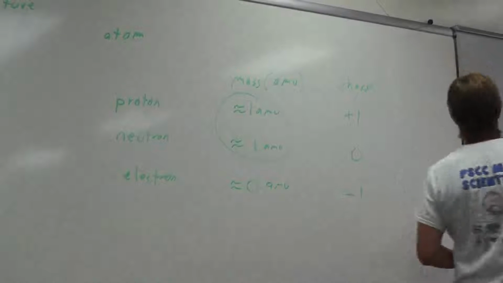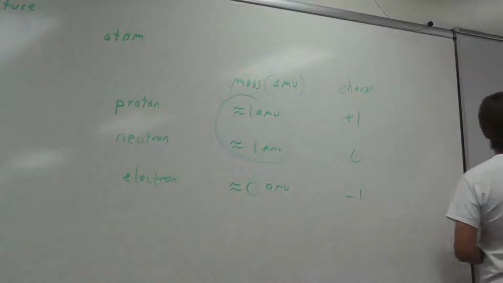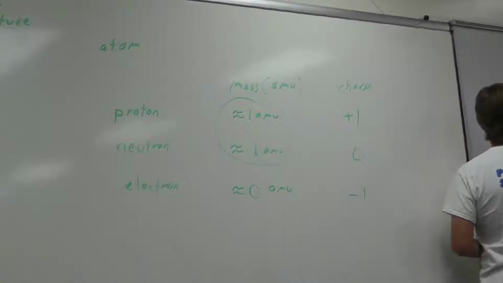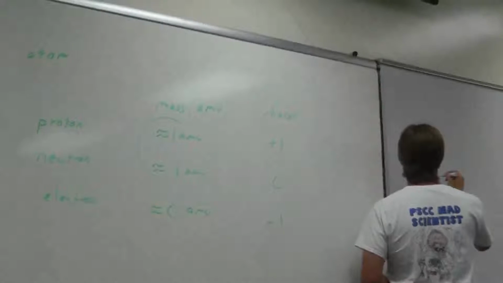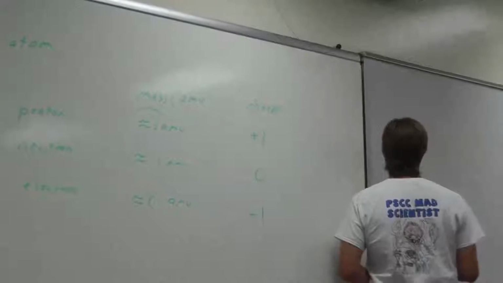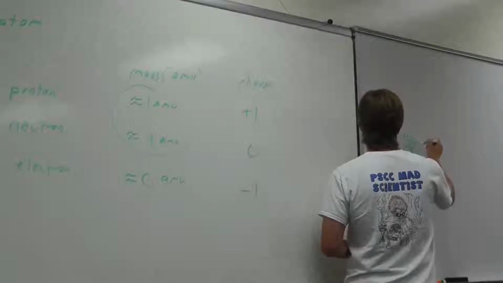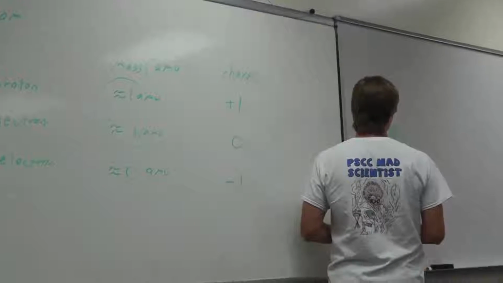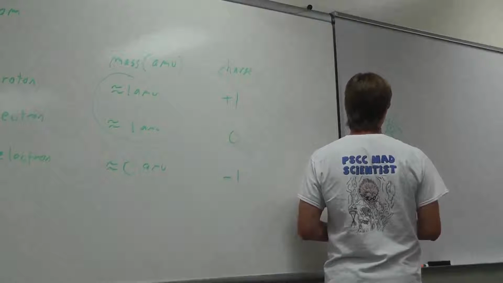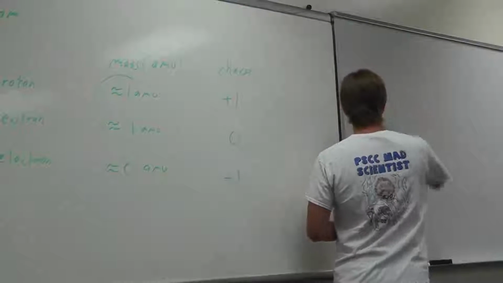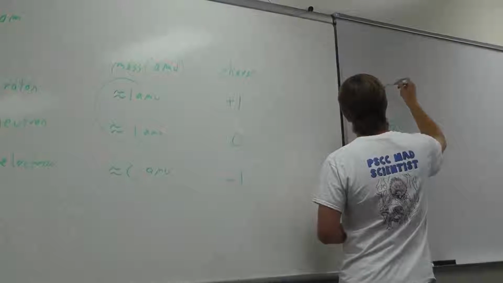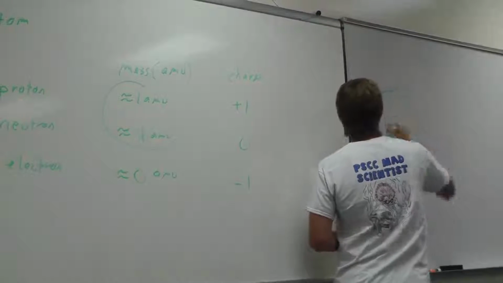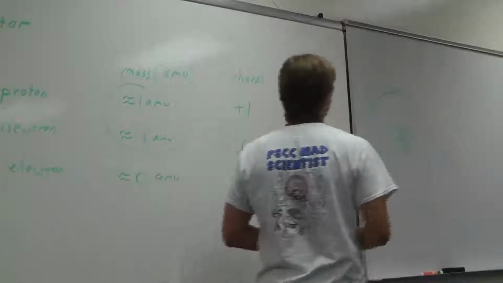And so what you have then, as far as structure, all the heavy stuff is lumped up together in what's called the nucleus. That's your protons and neutrons. And out around that, in motion, doing laps around that, are the electrons.